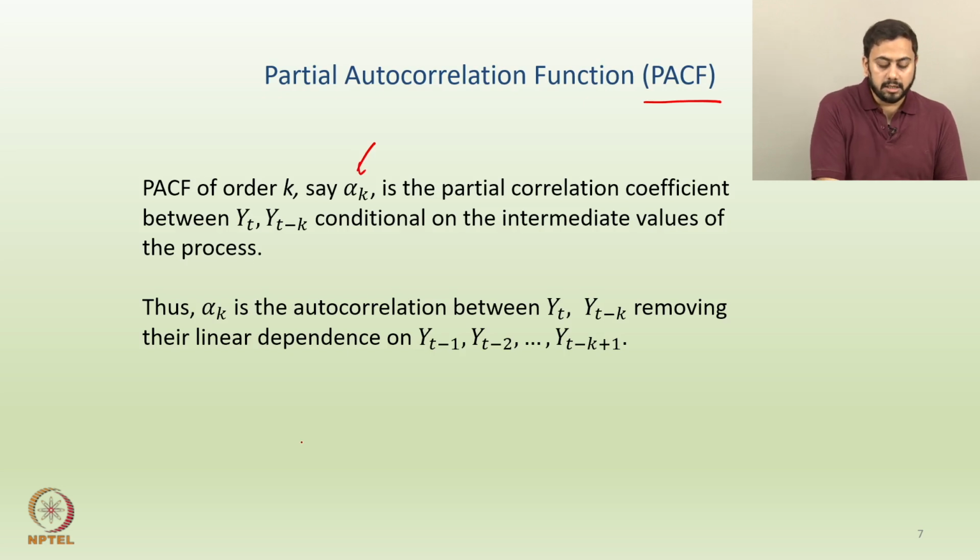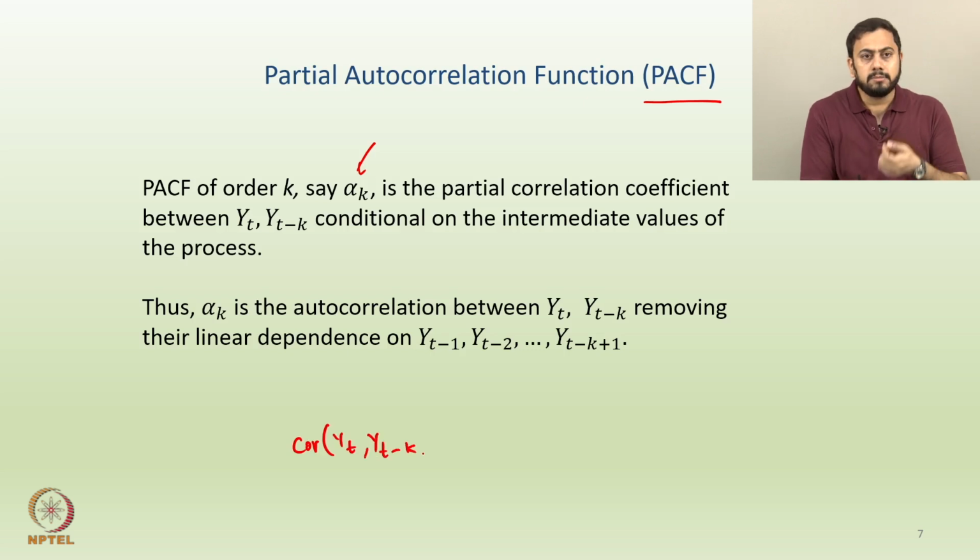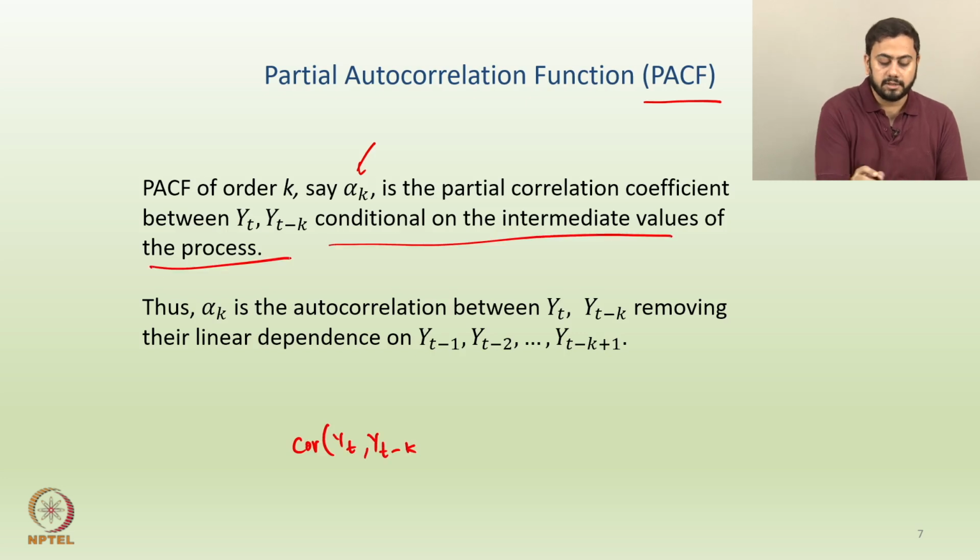So this is nothing but the correlation between yt and yt minus k. But you have something extra here: conditional on the intermediate values of the process. So what do you mean by that? Let's say this is a kind of conditional correlation. How do you write a conditional probability or conditional correlation? By a vertical line, something like that.